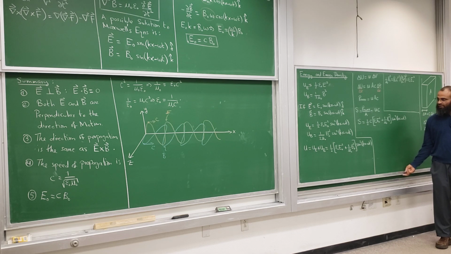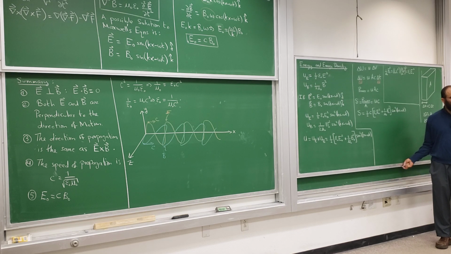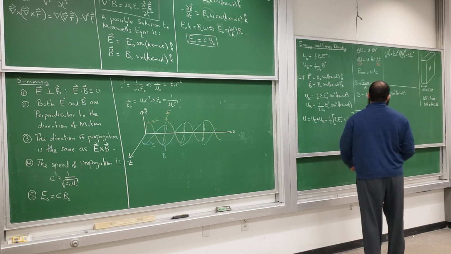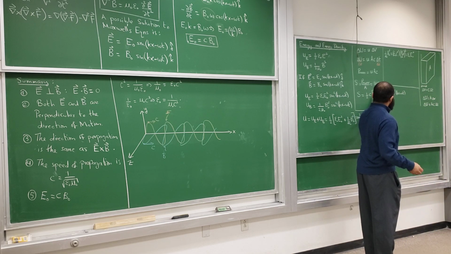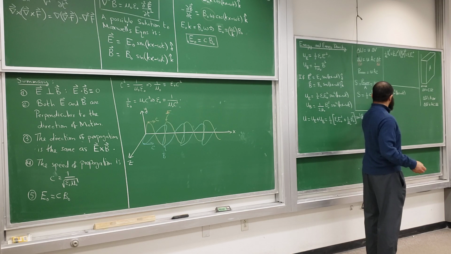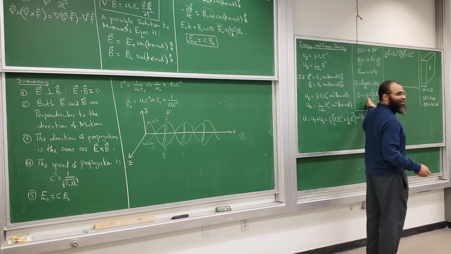So what I'm saying is the energy density is the same. So what happens if I have epsilon naught E naught squared and then here epsilon naught E naught squared? It becomes twice, so this 1/2 goes away.